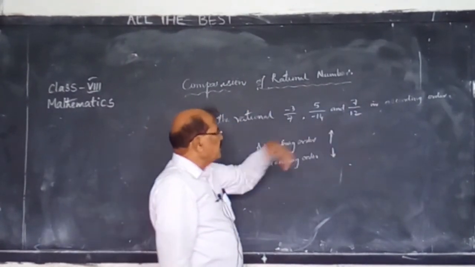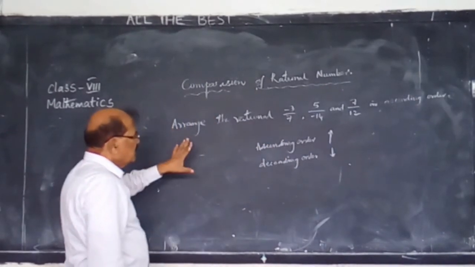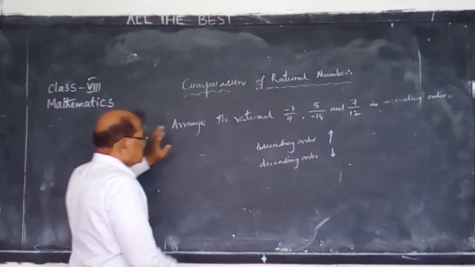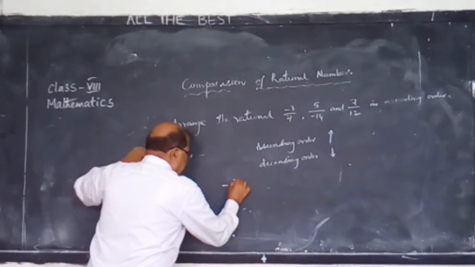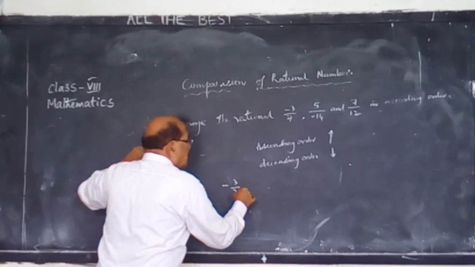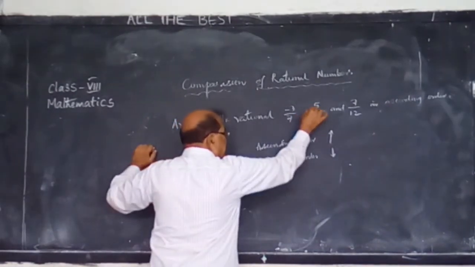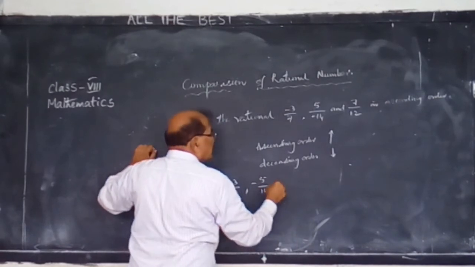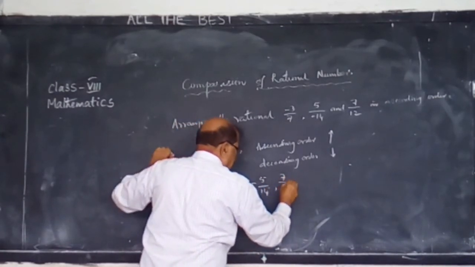So these three rational numbers we must rewrite as minus 3 by 7, comma, plus divided by minus is minus, so minus 5 by 14, comma, 7 by 12.